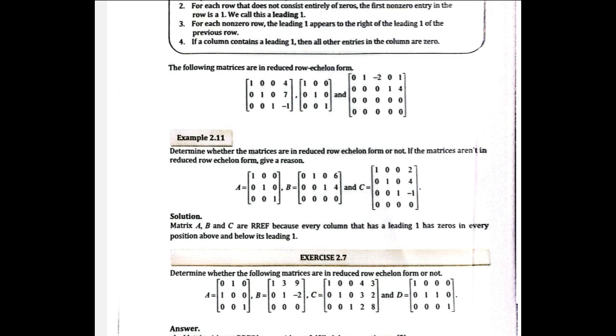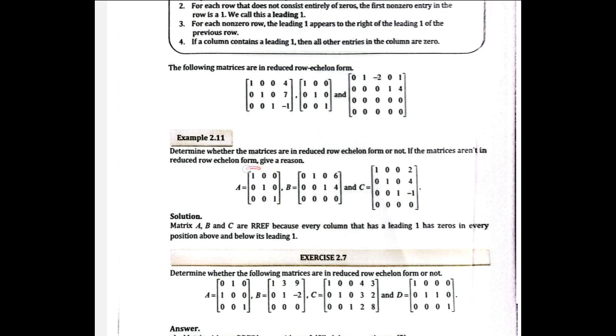To make sure that it is RREF, it should be REF first. So let's see, is it REF? For all of these, this is REF, this is also REF, and every one of them is REF. But is it RREF?